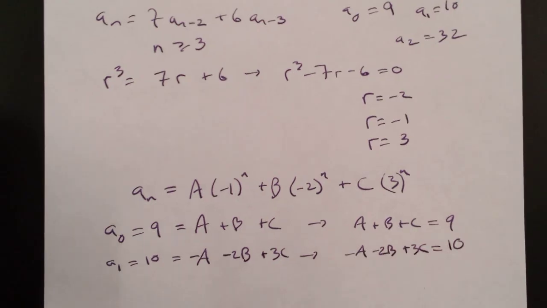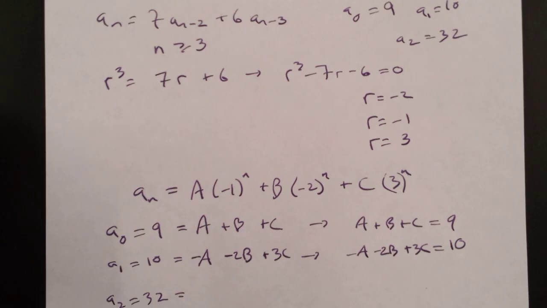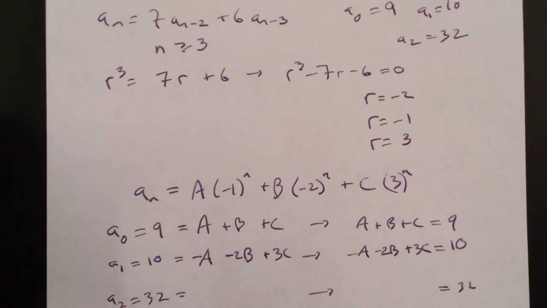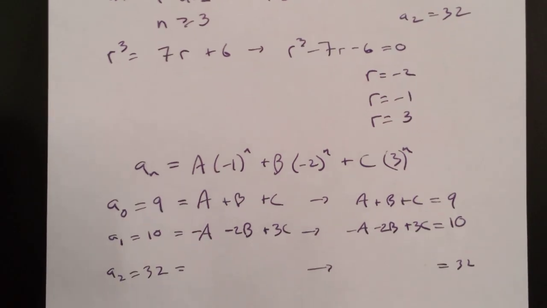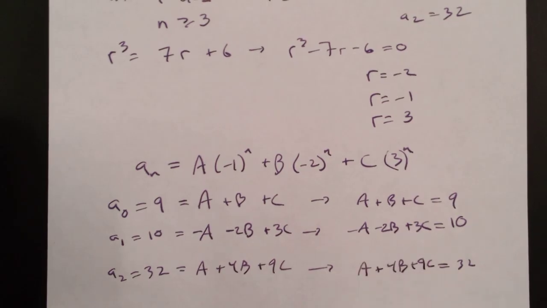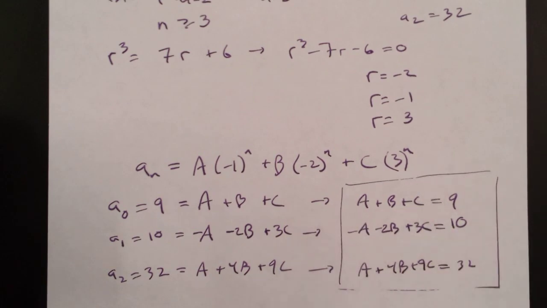Second equation in 3 variables. What happens with A2? So now to find A, B, and C, you have to solve 3 equations in 3 variables.